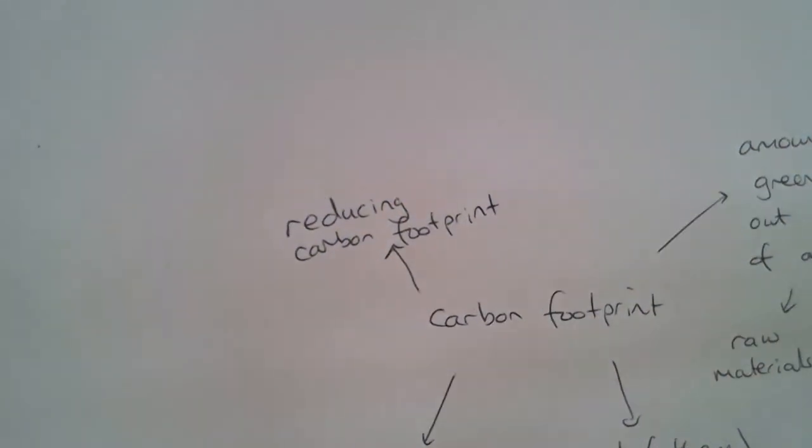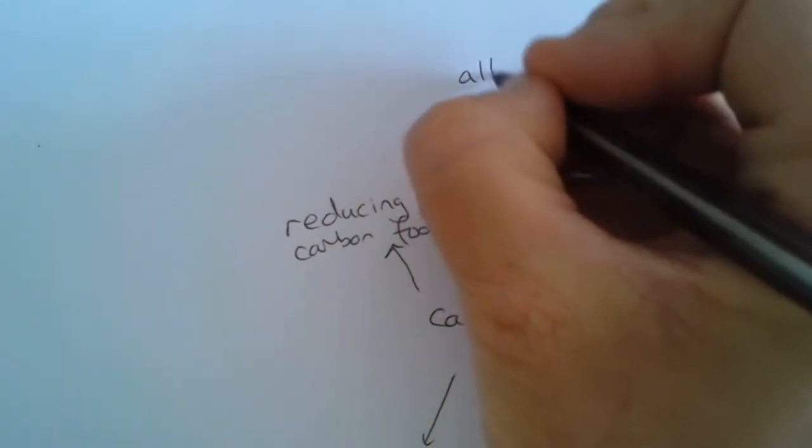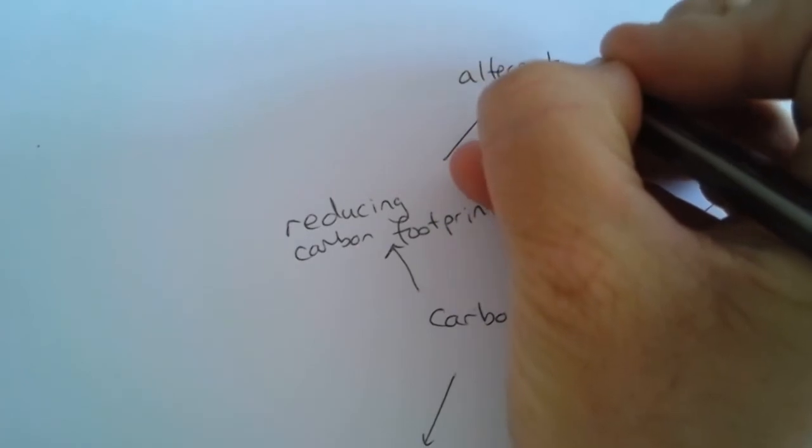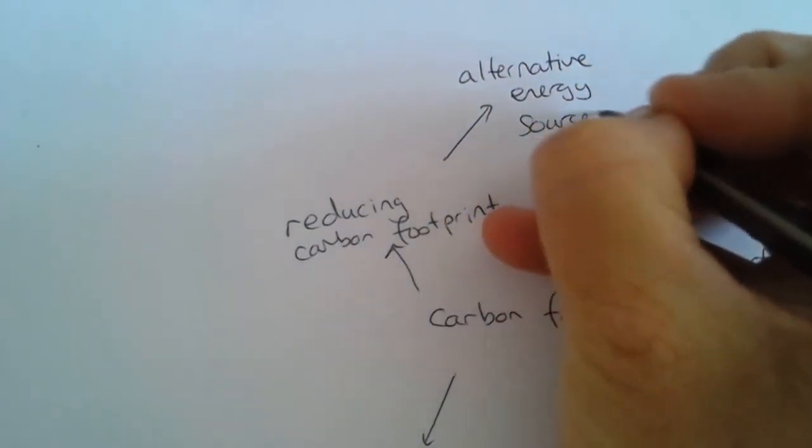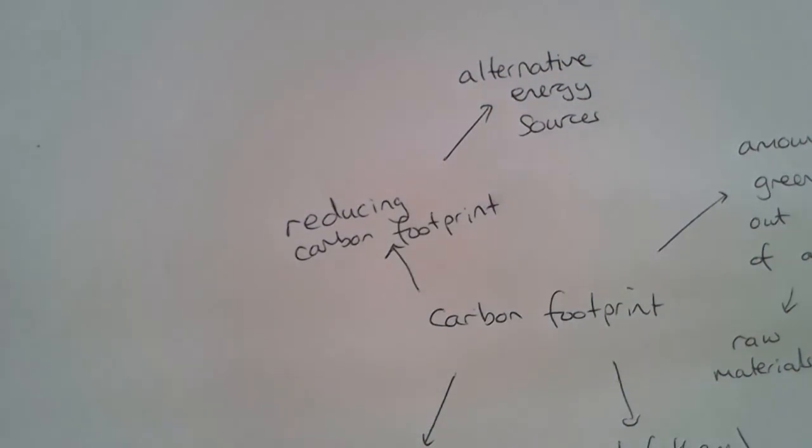Right. So we can use alternative energy production. So things like wind power, solar power, hydroelectric power. That's good and will eventually reduce carbon footprint, but actually building these in the first place in itself has a carbon footprint.